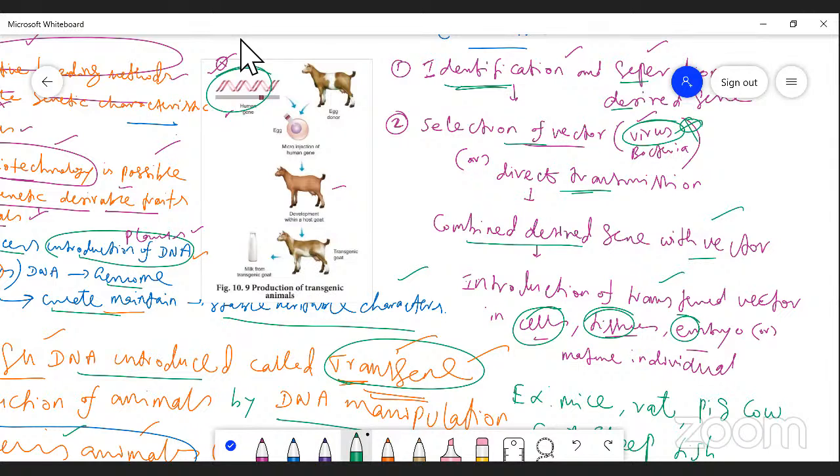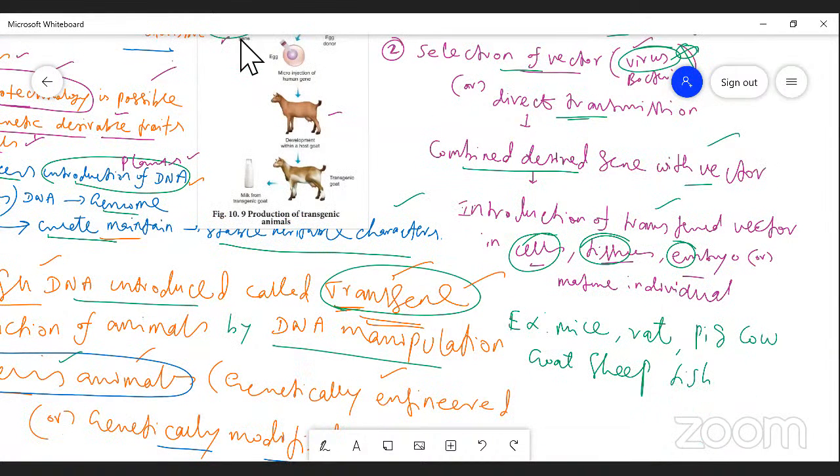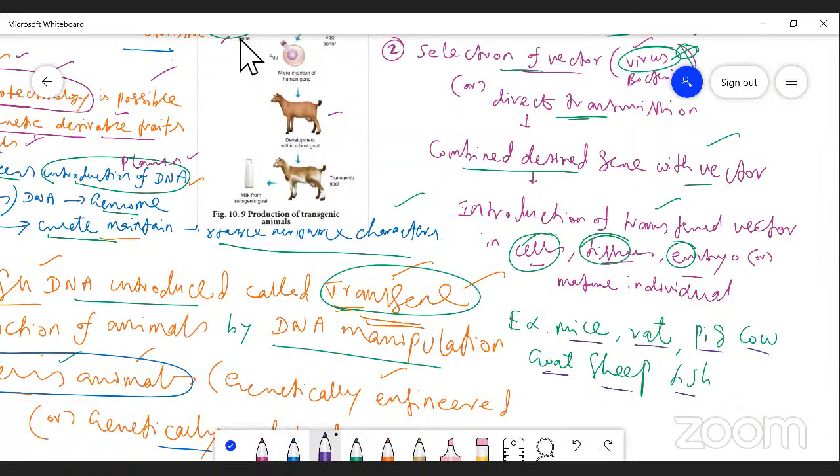Next is demonstration of integration and expression of the foreign gene in transgenic tissue. In this way, finally the organisms are produced. Some of the transgenic organisms produced with the help of this technology are mice, rat, pig, cow, goat, sheep, and fish.